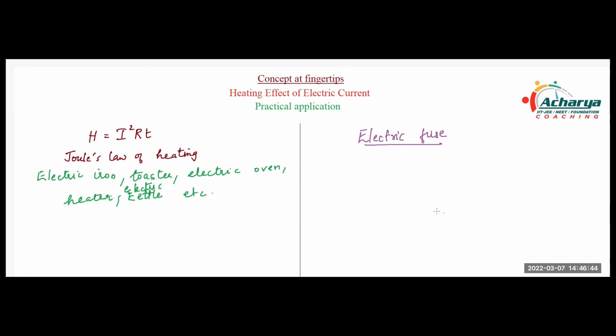We know that a fuse is a safety device. It protects the appliances from excessive current flowing through it. Excessive current flowing through an appliance will cause it to be damaged. So we use an electric fuse.